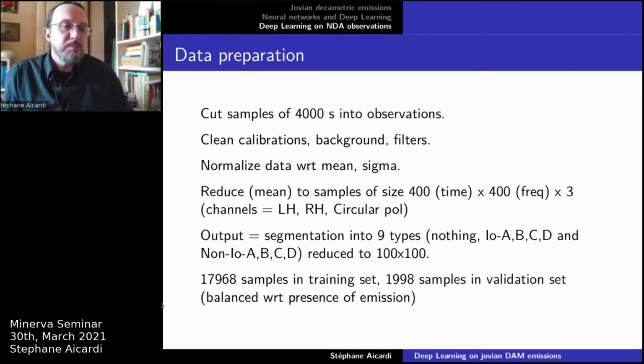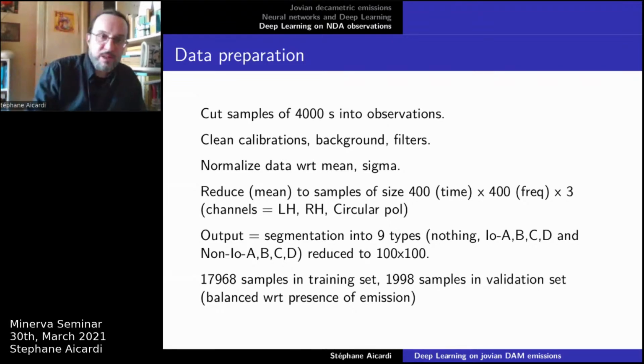In the end, I obtained a big training set and 2,000 samples in the validation set. Those two sets are balanced with respect for the presence of emission. That means that I have as much samples with an emission that I have samples without an emission.